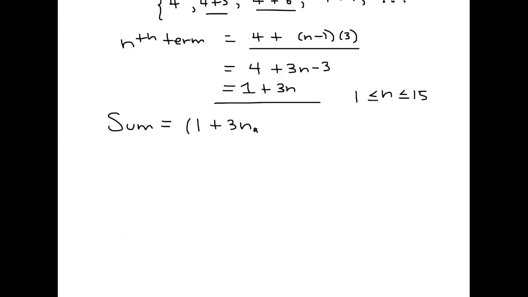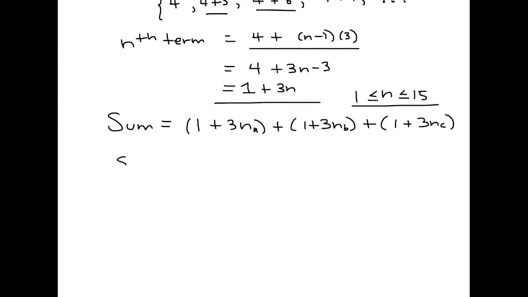And then we want another term, 1 plus 3n, we'll label it nB, just to denote that it's different. And then finally we want a third term, and it's going to be of the form 1 plus 3n, we'll denote it nC. Just to show that these n's are different, and n is between 1 and 15.